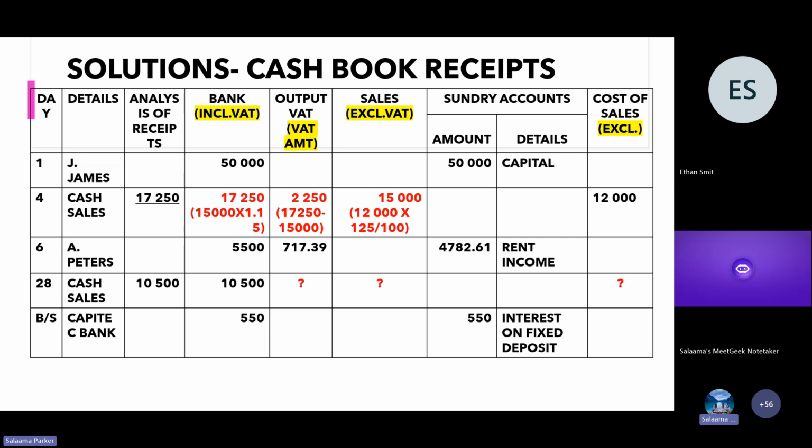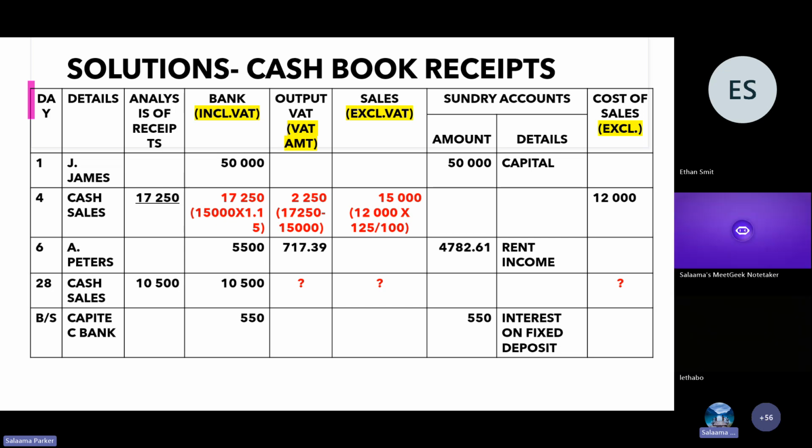Then, of course, we know we must calculate VAT for rent. Again, you can use the formula you are more comfortable with, the easier method, or what you want divided by what you have. And then this is the one now. I need you to do some calculations for me here.